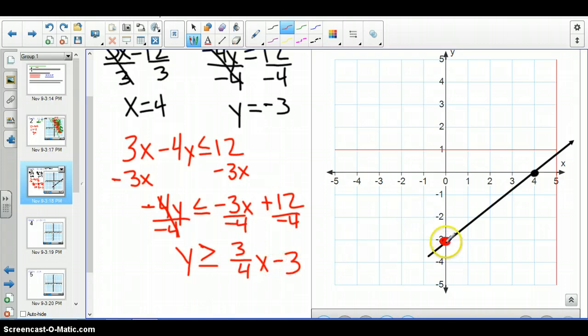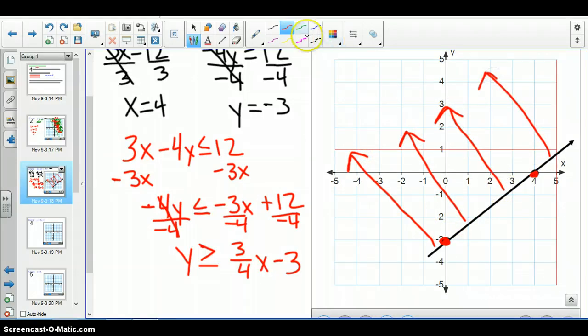I'll use my slope, up 3 to the right 4. Okay, it's the same exact line. Now, look at your inequality. Where the number's greater than this line, they're going to be above it. So above that line.